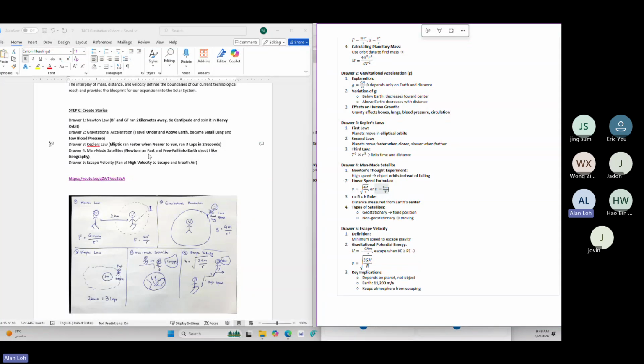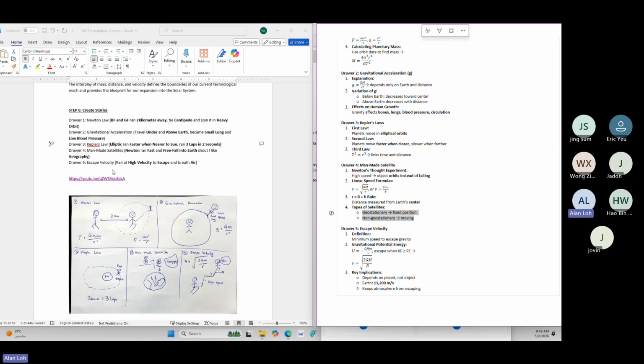So Newton ran fast and then free fall. Free fall represents that the satellite keeps on free falling into the earth, but it doesn't fall. Then I shout, I like geography, to help us remember that there are two types of satellite, geostationary and non-geo. So geography, I use it to represent this geo, right?